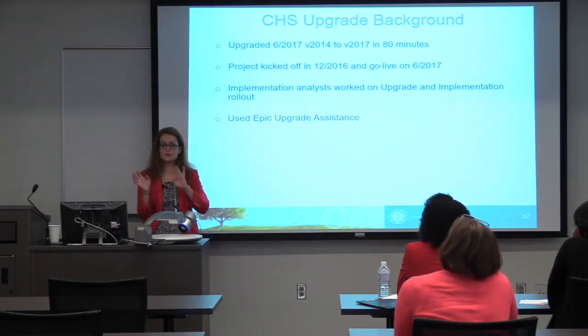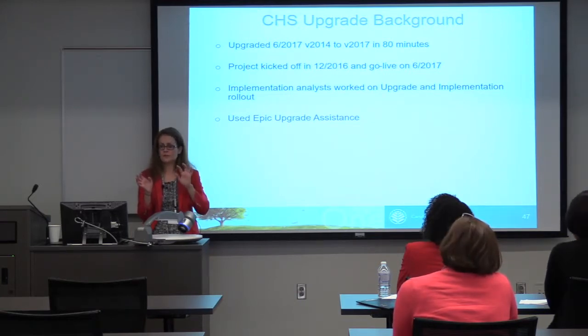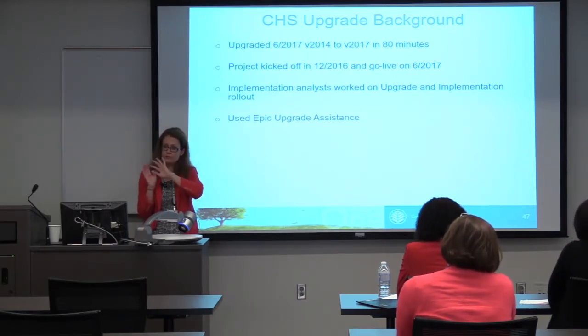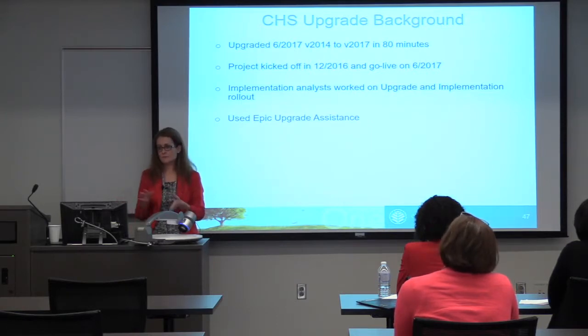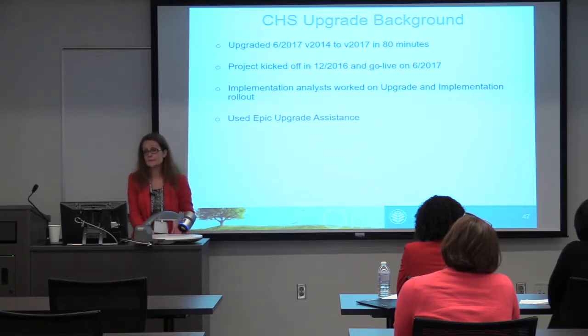In June, University, Mercy, CMC, and Union were all on version 2014, and we upgraded them to 2017, so now everybody's on 2017, in all environments that we have. In November, they're going to go live on 2017, and then basically everybody's going to go live on 2017 before we do our next upgrade.